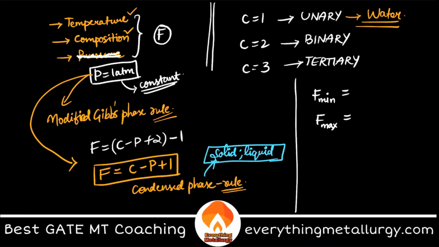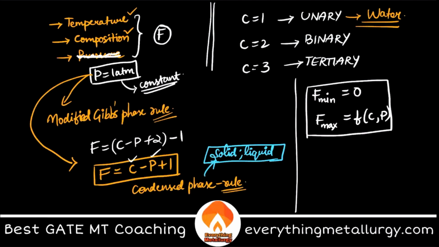Yes, the minimum degrees of freedom is 0. And the maximum is basically a function of your C and P. That means you need both C and P to calculate this. Of course, there are many theories saying that the maximum would be P into C minus 1 and so on.